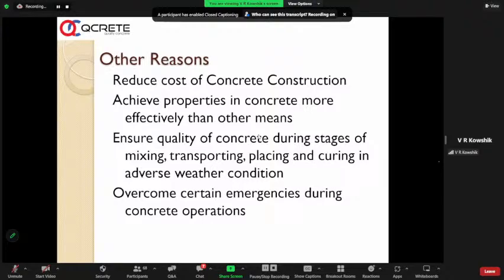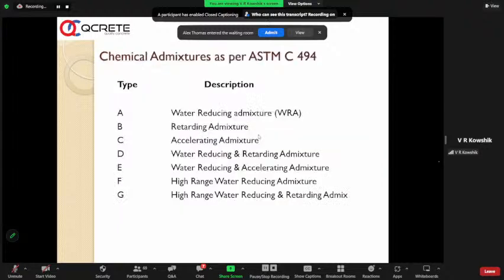All these shifts have taken place. Other reasons why we use admixtures: reduce the cost of concrete construction, achieve properties in concrete more effectively than other means, ensure quality during stages of mixing and transporting, and overcome certain emergencies during concrete operations. These are some of the other functions which admixtures can do.